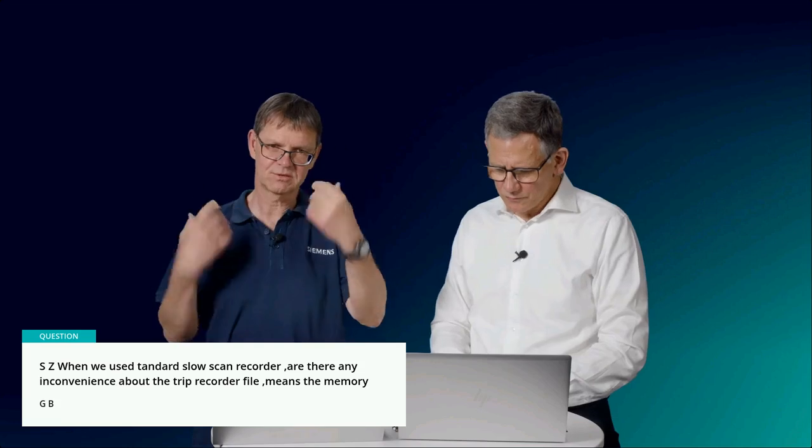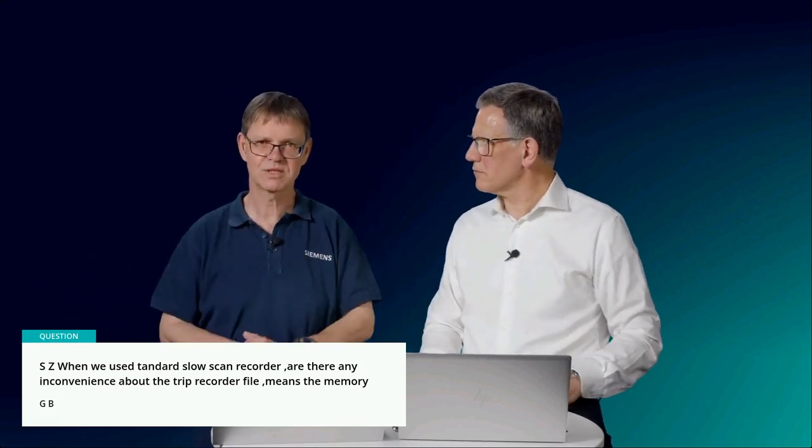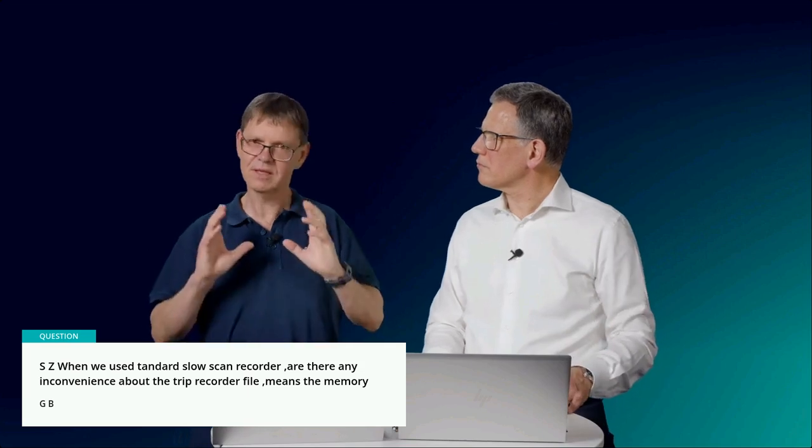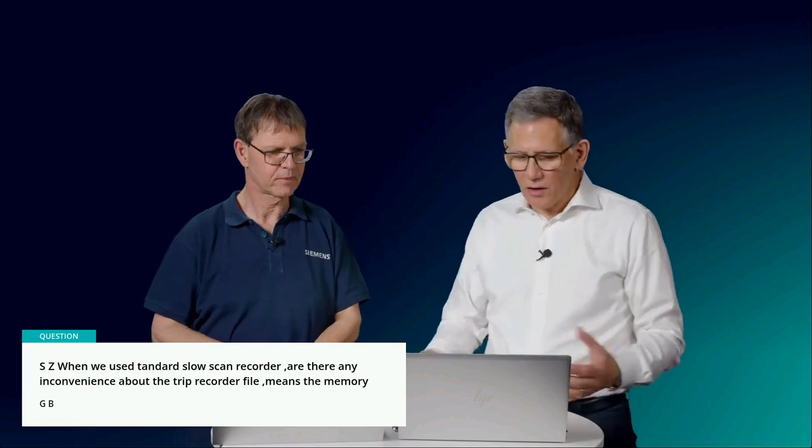If it's not 128 because you have very long fault records, then maybe it's 50 or 60, but it's still enough, I would say, and there is not really an interference. Okay, so that basically means we can be confident that the SIPROTEC 5 has enough capability to store fault records and also record startup sequences as we would need for the operation. Yeah, okay. I think we can say that.